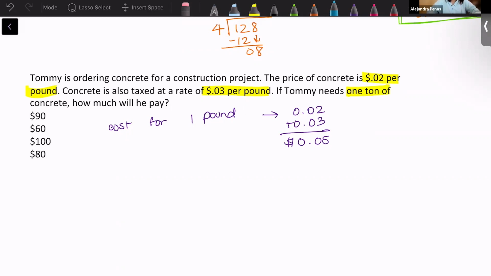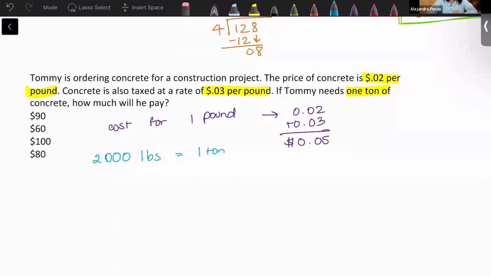Does anyone know? No, that's ounces. 2,000. So 16 is ounces. 16 ounces is 1 pound. So 2,000 pounds is equal to 1 ton.